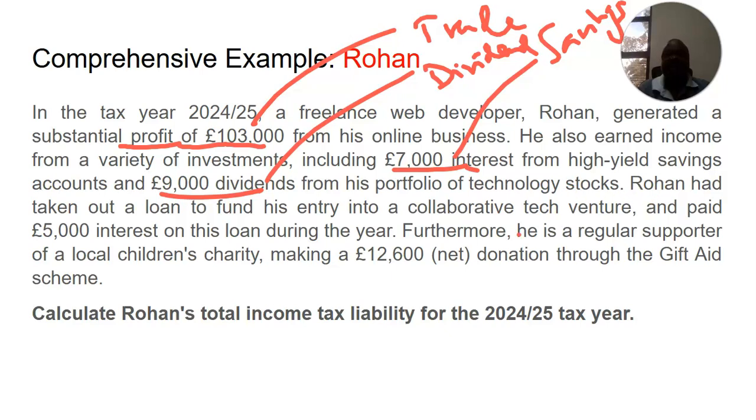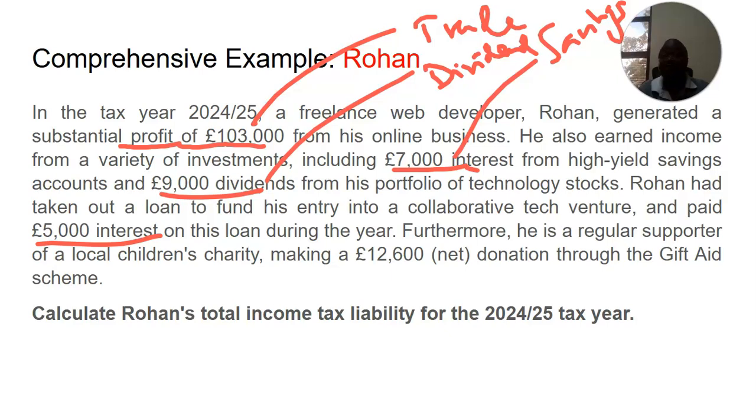Then Rohan had taken out a loan to fund his entry into a collaborative tech venture, and he paid 5,000 interest. So you can see that this guy has taken out a loan to fund the business. So it's a non-savings activity, but it is qualifying. It is to reduce the amount of tax payable; the non-savings taxable income has to be reduced by that.